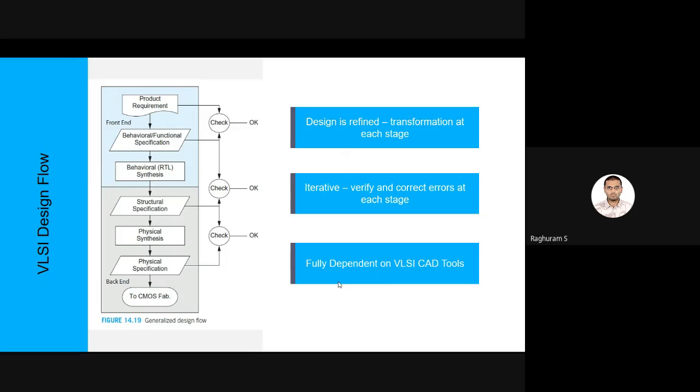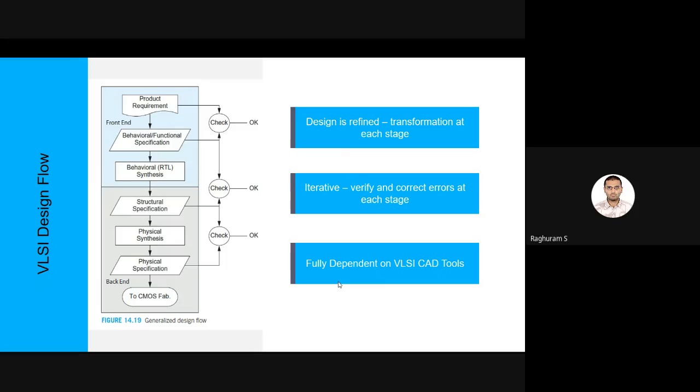The problem is we have to make sure, because the designs are so complex. 10,000 gates is a very small design actually. Practically, if you look at some of the MTech students and some of their projects that they do in Intel and other companies, they might be given a block, and 10K gates is very common. Whenever you have a design that is 10K gates, things can go wrong.